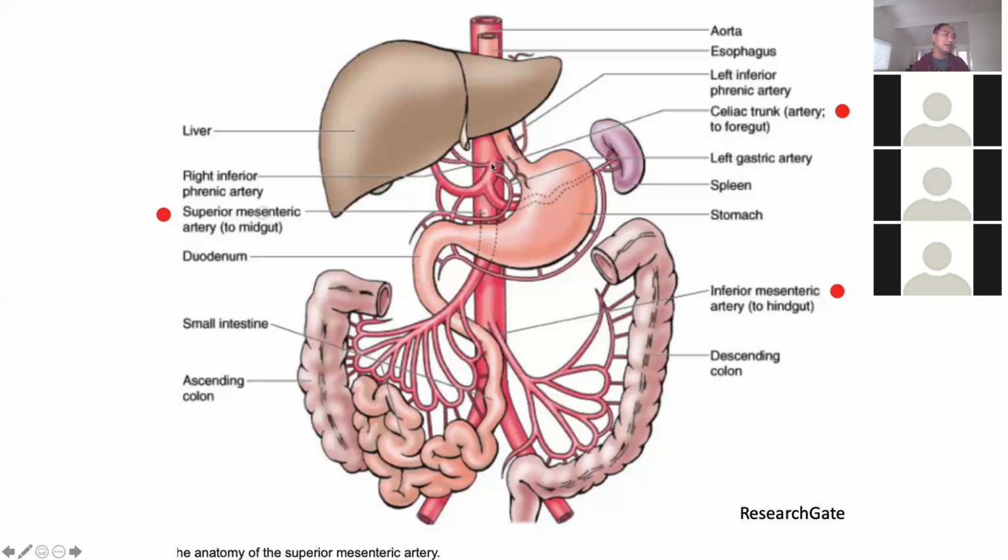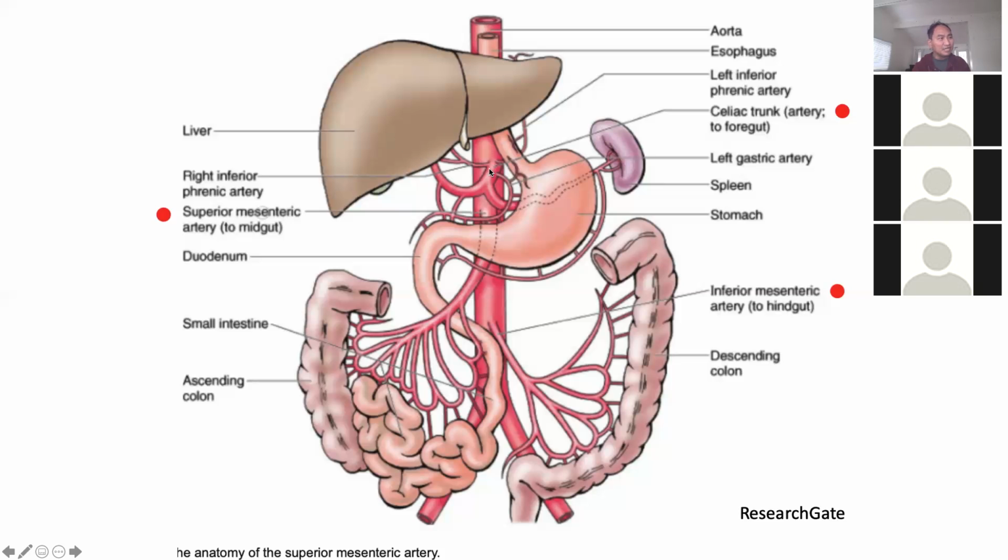You look at the celiac artery. The celiac artery gives a branch to the liver. So that is the common hepatic artery going to the liver. When it gets close to the liver, it will divide into the right lobe and left lobe of the liver, right hepatic and left hepatic.